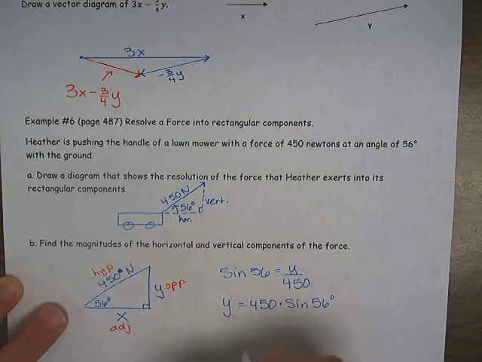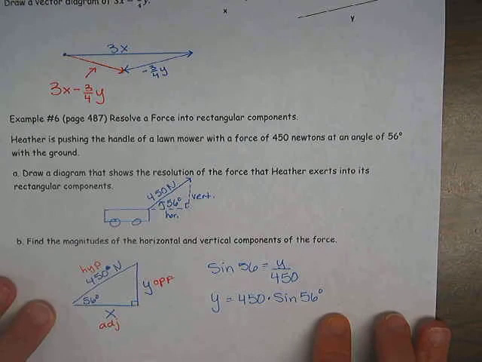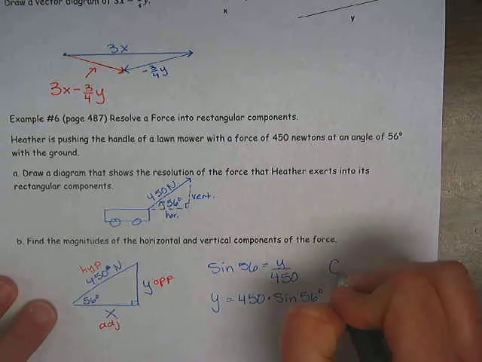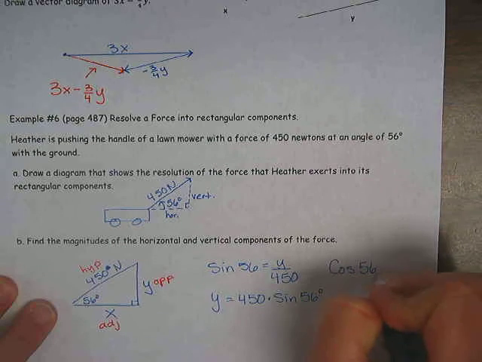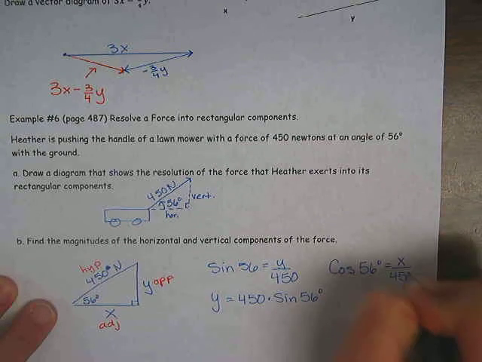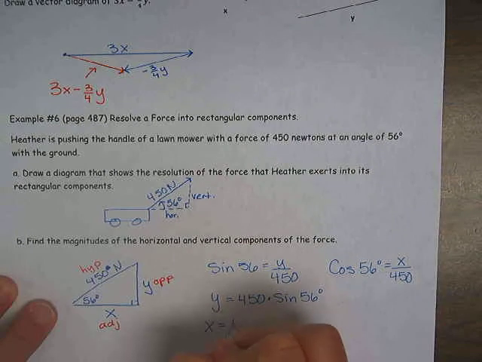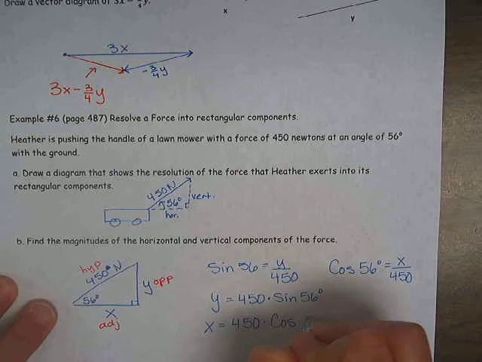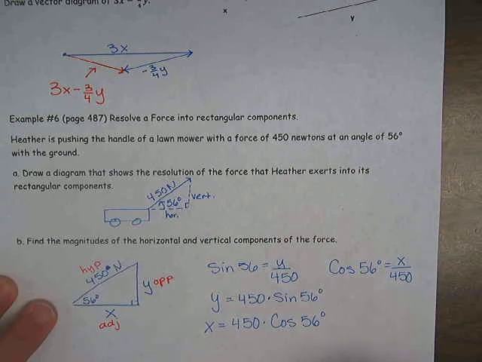Doing the same thing for cosine, we could find the horizontal component by the cosine of 56 degrees is equal to x over 450. So x would equal 450 times the cosine of 56 degrees.